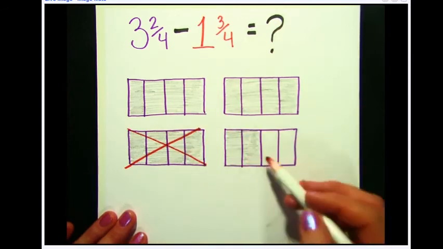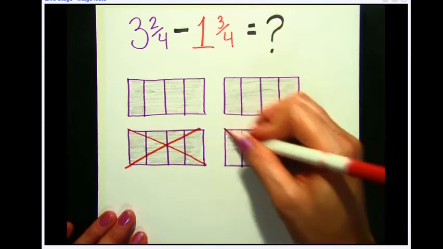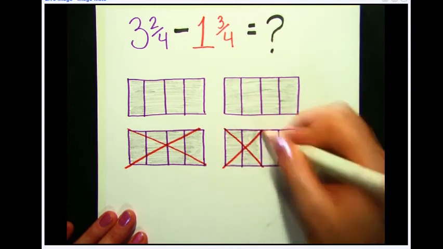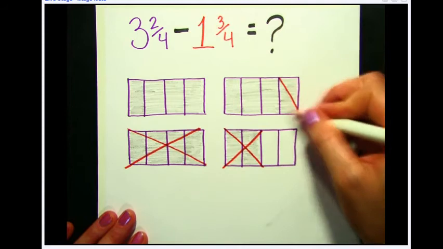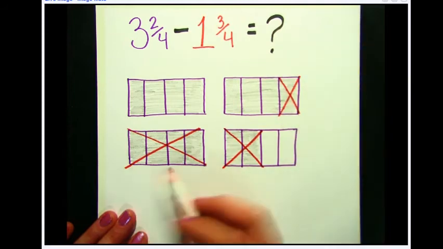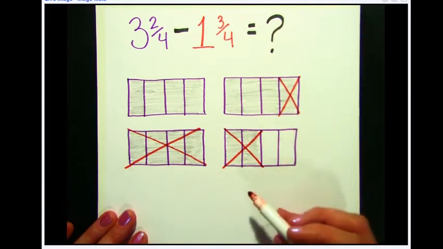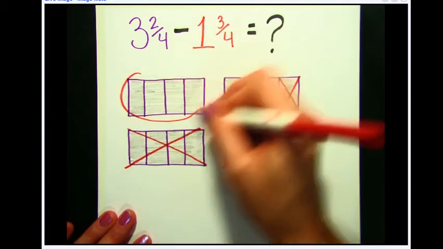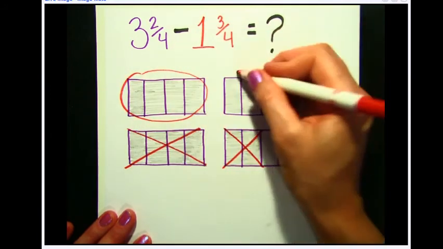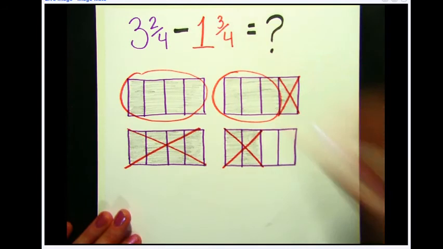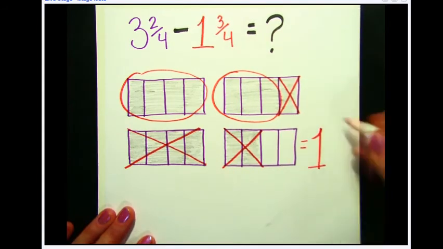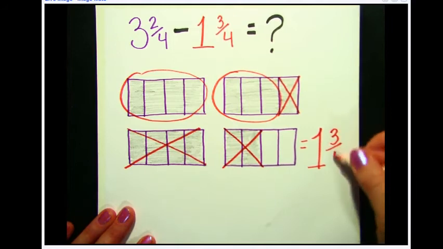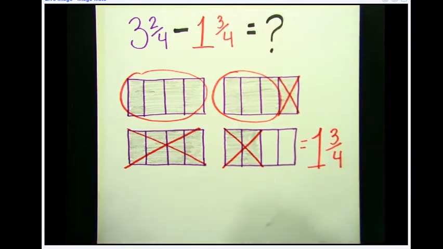I only have 2/4 here, so I can get rid of these 2. That means I need to get rid of another 4th because I'm subtracting 1 whole and 3/4. And what I have left is 1 whole and 3/4. So the difference between 3 2/4 and 1 3/4 is 1 3/4.